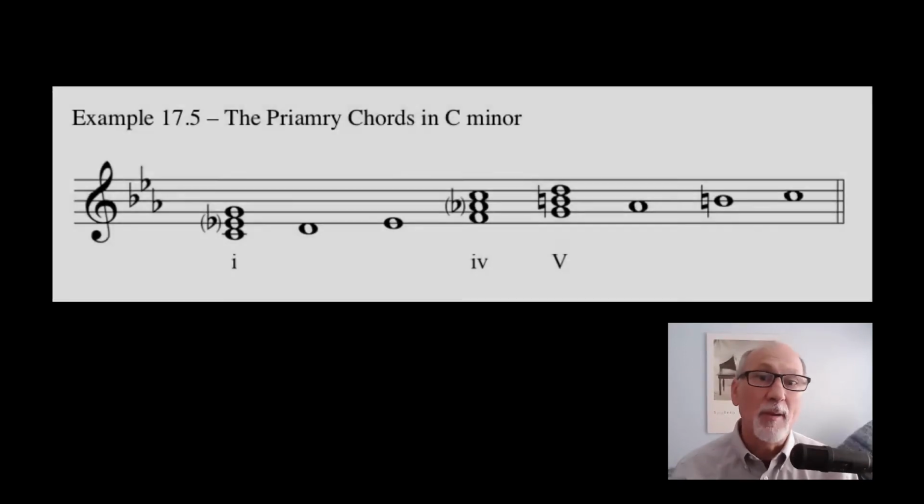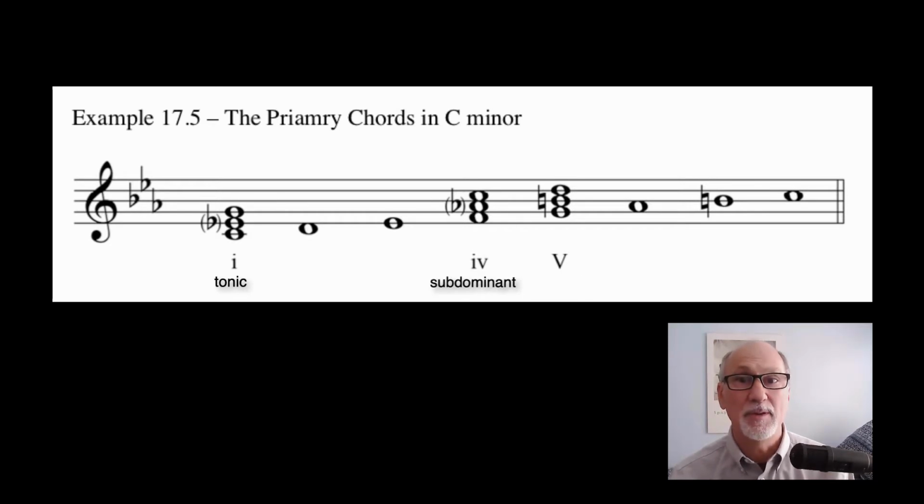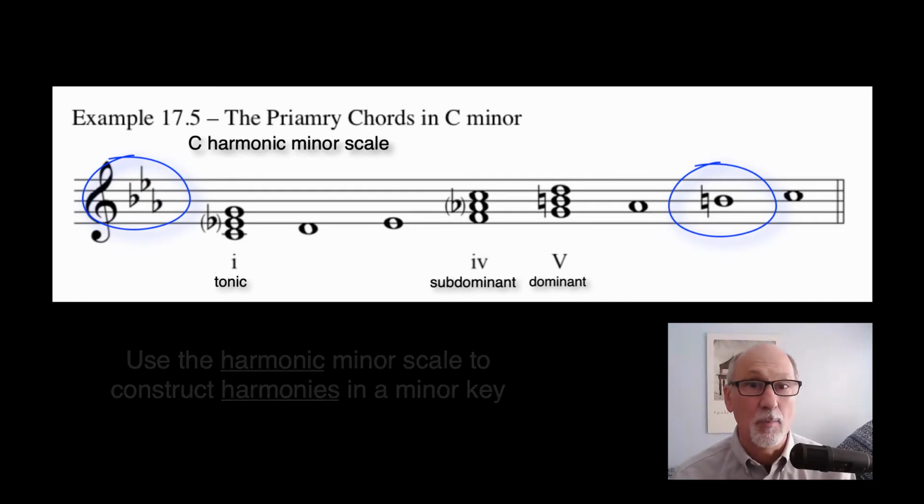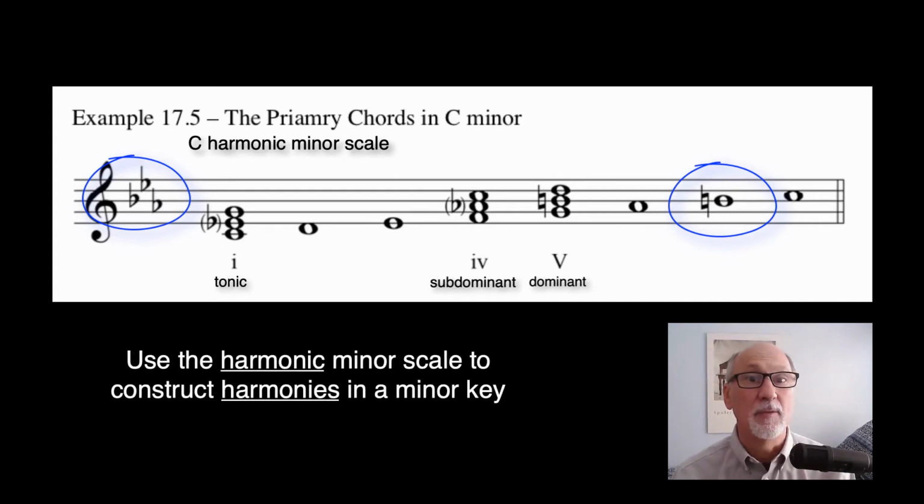When building the primary chords in C minor, construct the triads above the tonic, subdominant, and dominant pitches, but make sure to use the key signature and the raised seventh scale degree of the C harmonic minor scale. Remember, harmonic minor scale for building harmonies in a minor key.